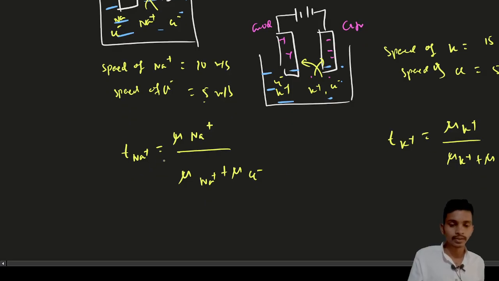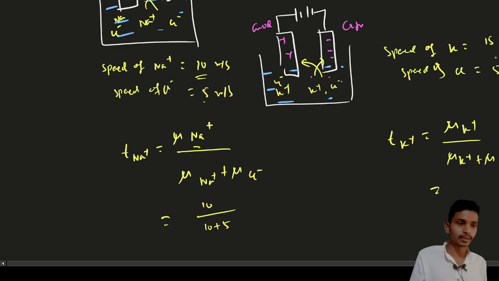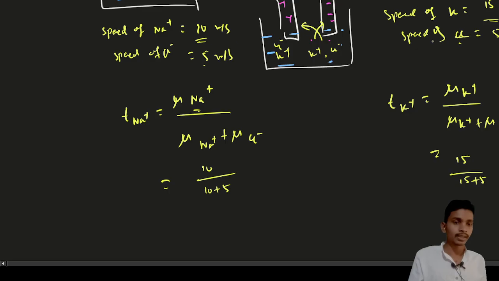So for Na+ it is 10 upon 10 plus 5, and for K+ it is 15 upon 15 plus 5, because both sides have Cl-.